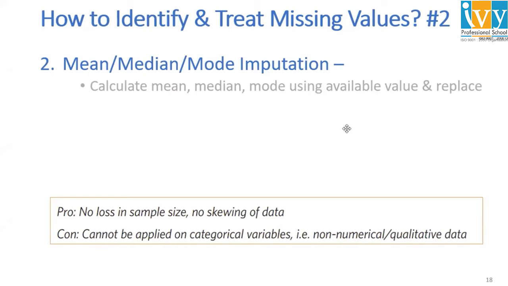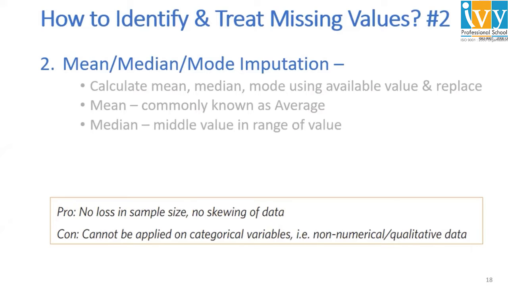We can calculate mean, median, mode using available values and replace. Mean is commonly known as the average, which means summation of all the variables divided by the total number of variables present. Median is the middle value in the range, and mode is the value which occurs most often in the range. So let's see how it works in case of our data.